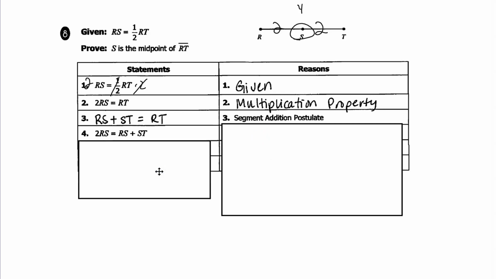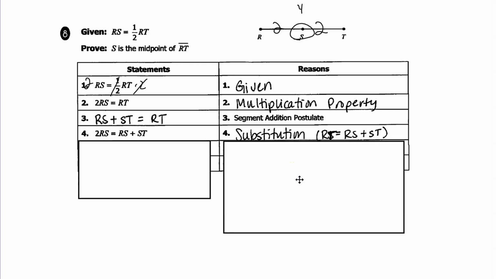Then you're given 2RS equals RS plus ST. That is your transitive property, because all we're doing is getting rid of something in the middle. I'm sorry, substitution. Having a moment.